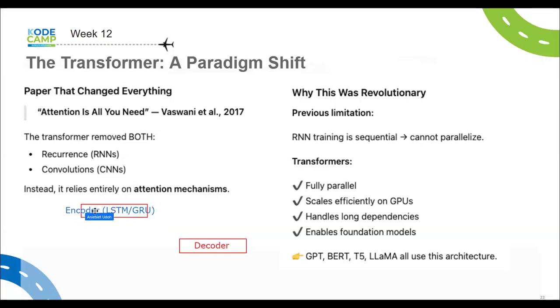Okay. So the encoder is LSTM or GRU, right? The decoder is also LSTM or GRU. And then you now use the attention mechanism essentially to connect the two. That's how architectures were before this paper.